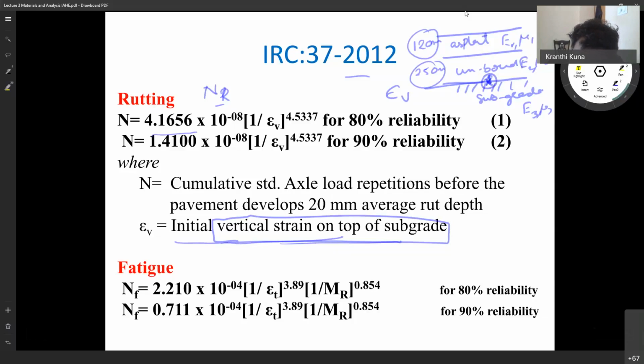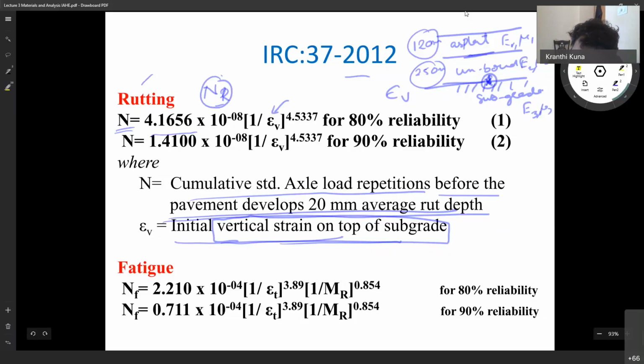If you input that value into this equation, what you get is N, the number of cycles to failure: the cumulative standard axle load repetitions before the pavement develops 20 mm average rut depth. This is what we have been talking about. So if you input this, you get NR. Similarly, for resistance, again, this is resistance against rutting.